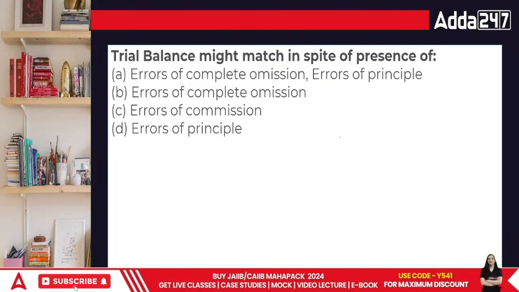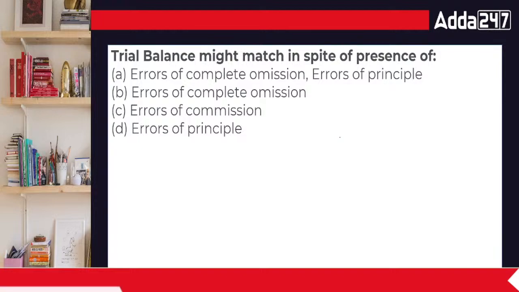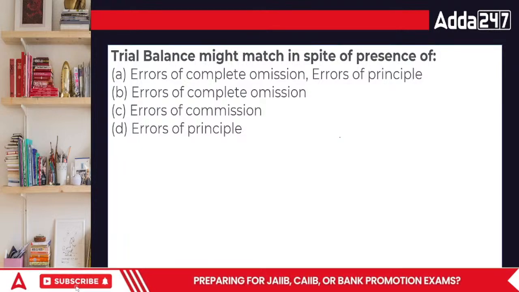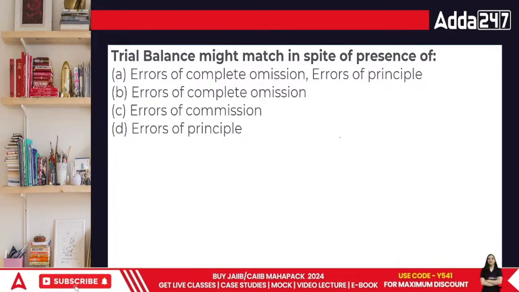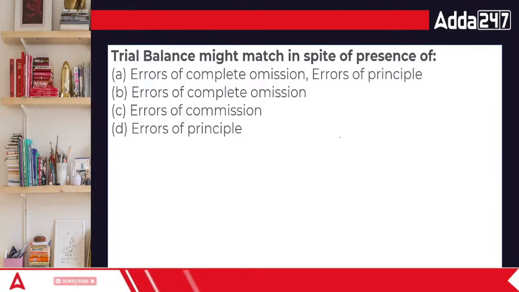Then comes the question: the trial balance might match in spite of the presence of what kind of error? An error which will not be visible in the books of accounts.